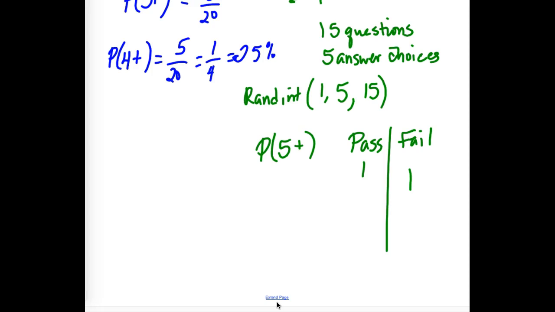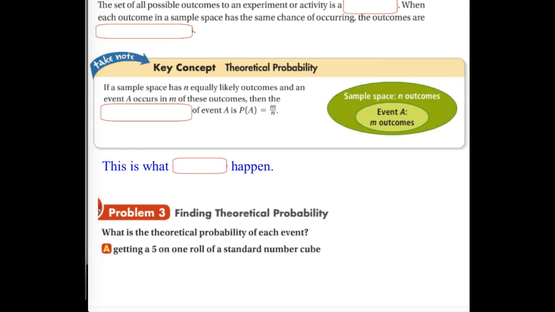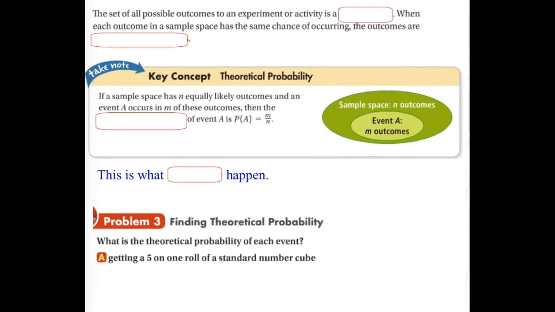All right. So that's all for experimental probability. Switching to theoretical probability. It says the set of all possible outcomes to an experiment or activity is the sample space.